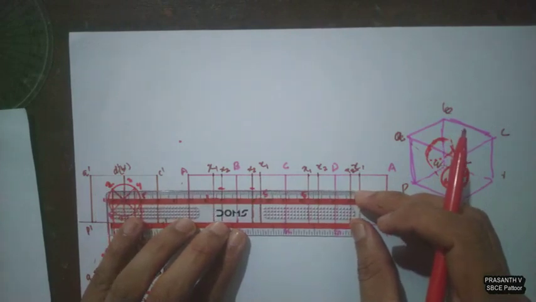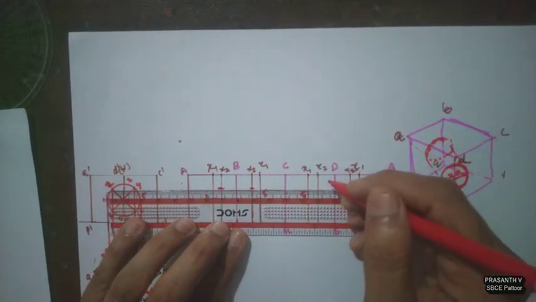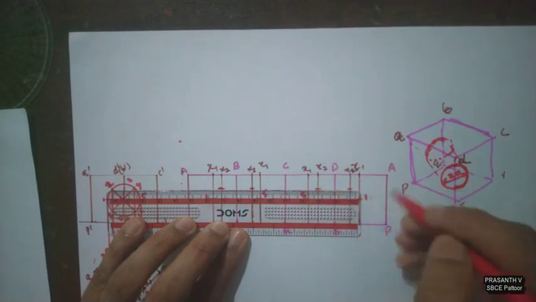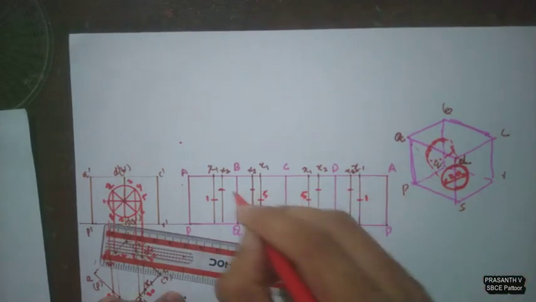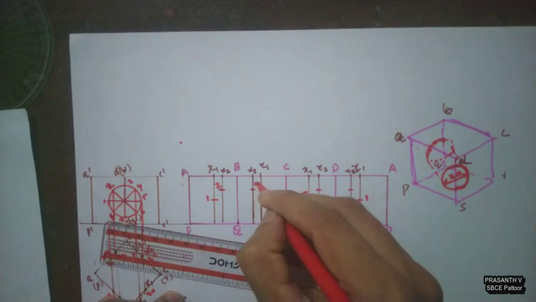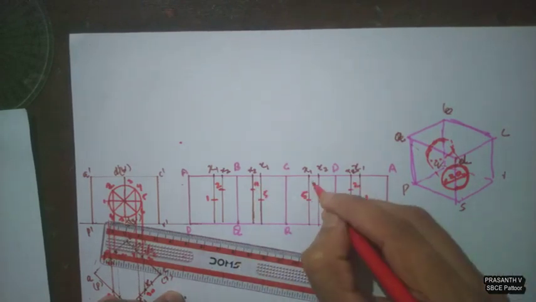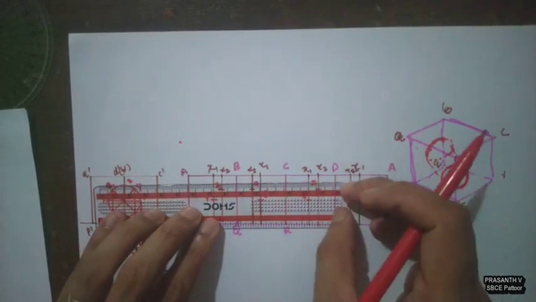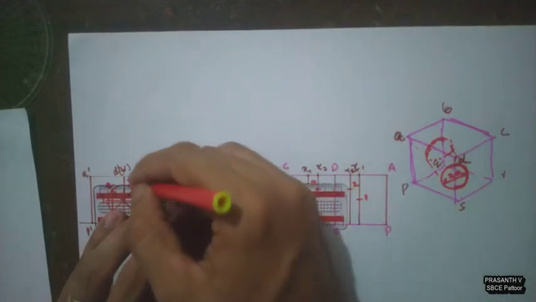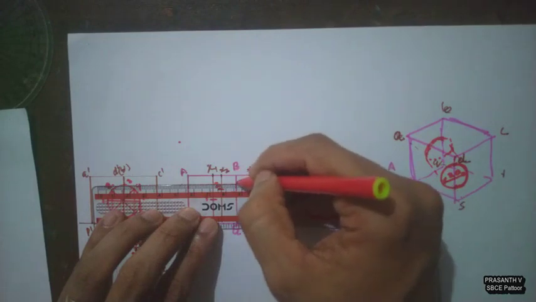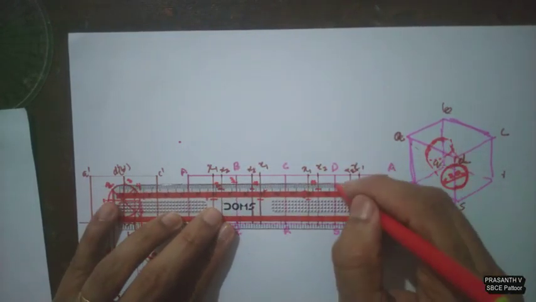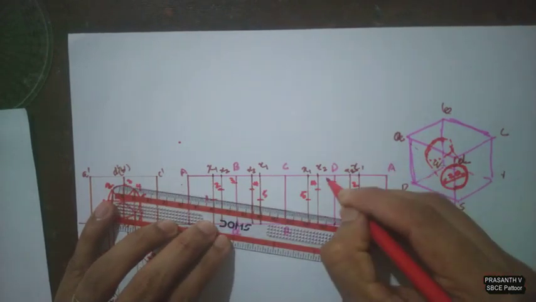Similarly, this portion also I can draw this. 4 and 2. This is 2, this is 4, this is 2 here, this is 4 here. 5 and 1, 3. This is 3. This is point 3.